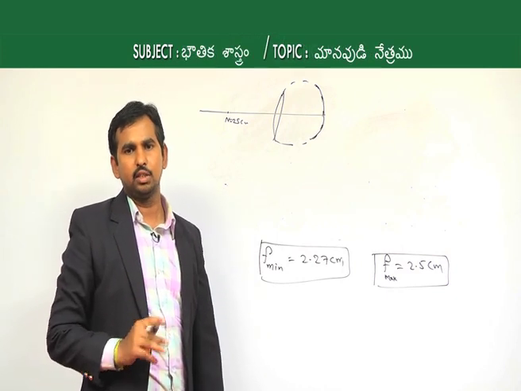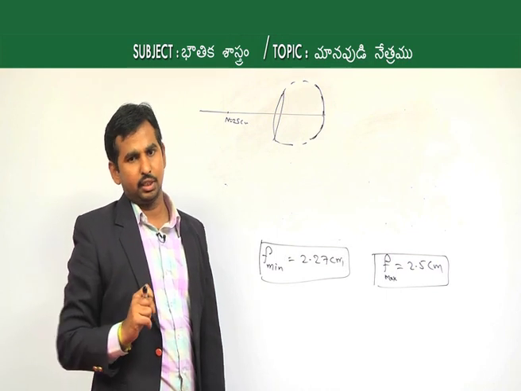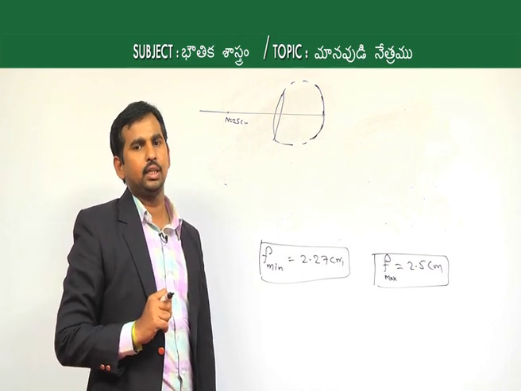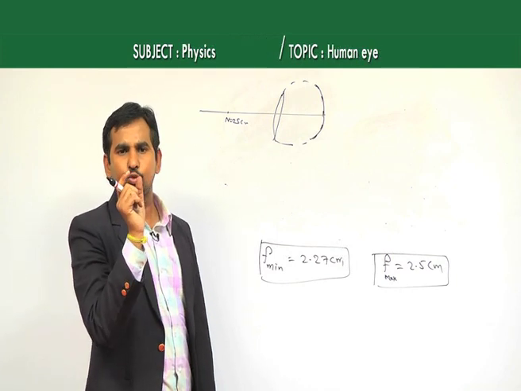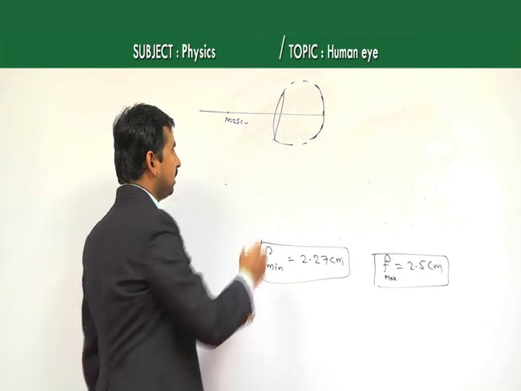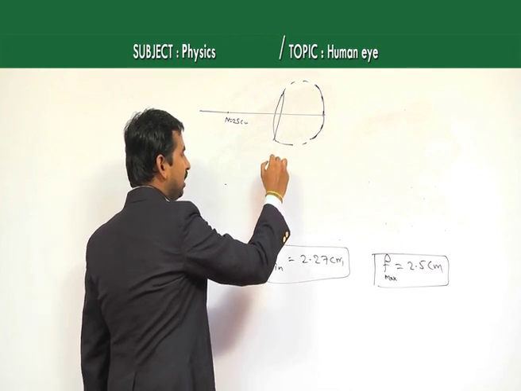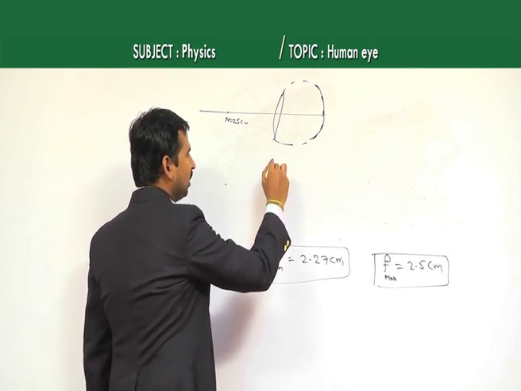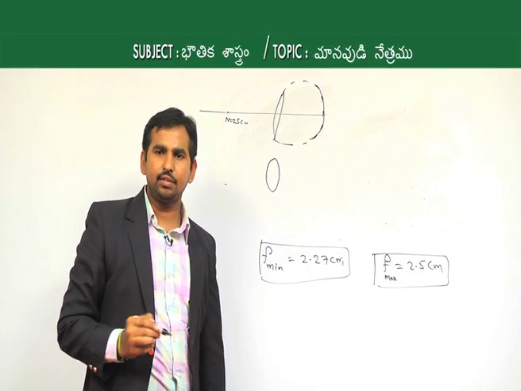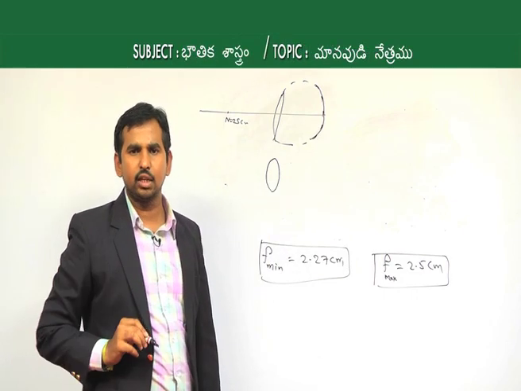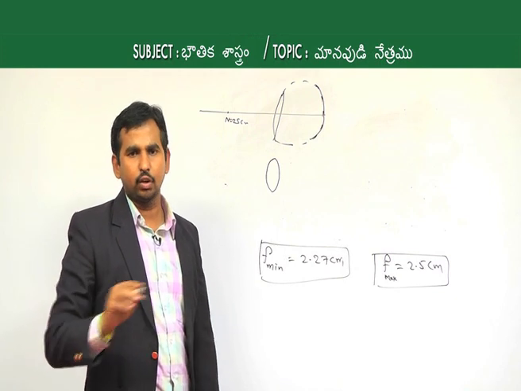2.27 centimeters is the smaller focal length, so the ciliary muscles start contracting. The thickness of the lens increases and our convex lens bulges a bit like this, so the radius of curvature decreases and the focal length also decreases in this case of normal vision.